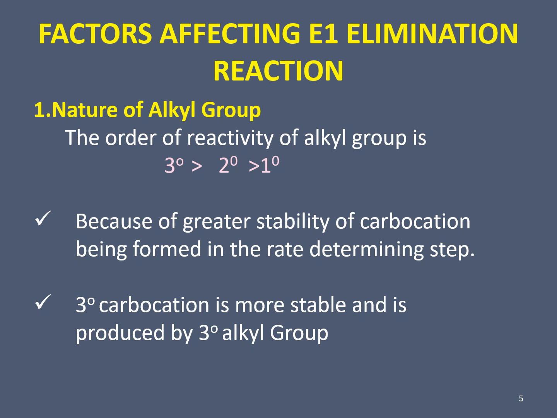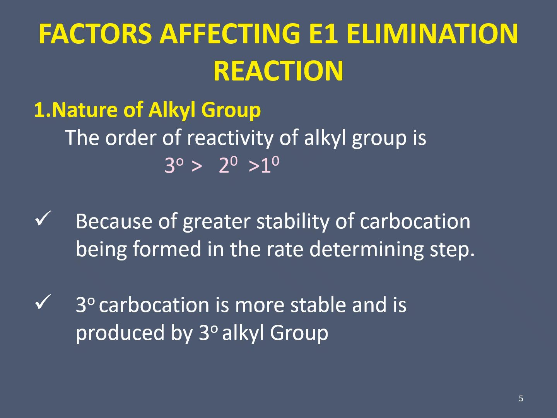So in the case of E1 elimination reaction, the first factor which we are considering is the nature of the alkyl group. That means whether it is tertiary or secondary or primary. In this particular E1 elimination reaction also, the order of reactivity of the alkyl group is the same, because it depends upon the alkyl group. The tertiary alkyl group is more reactive when compared to secondary, and the secondary is more reactive when compared to primary.